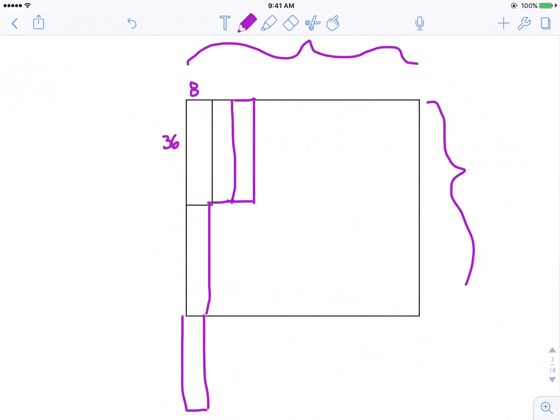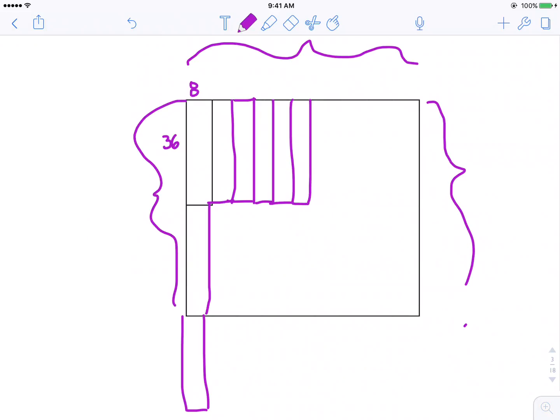So yeah, I can add in a whole bunch of pieces that are 8 wide, but eventually I'm going to hit a number in which I might have to add in a second width of 36 or even a third, depending on that question.